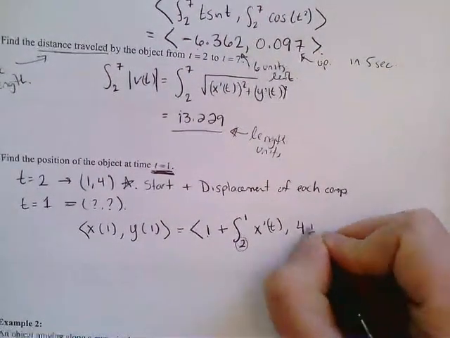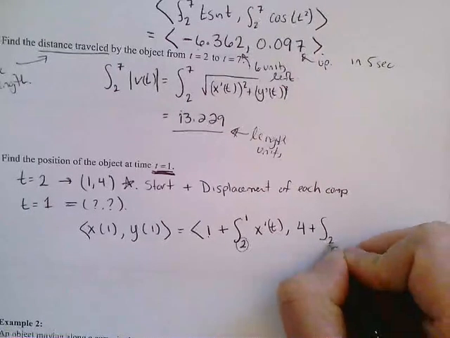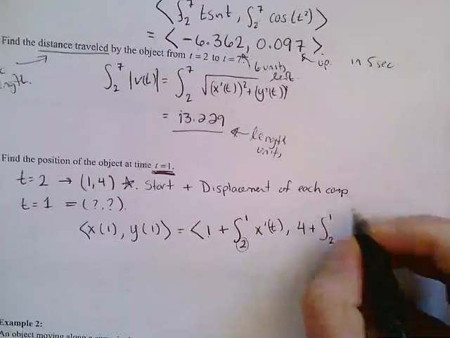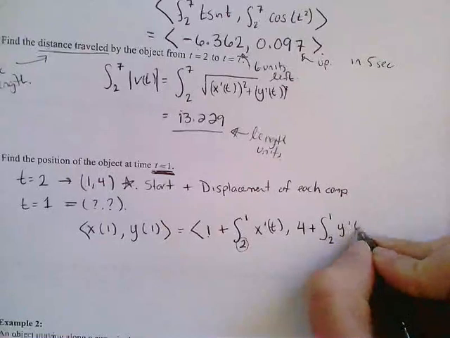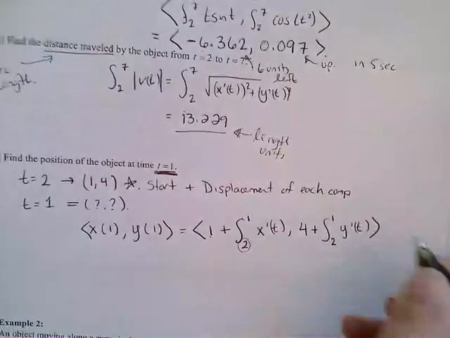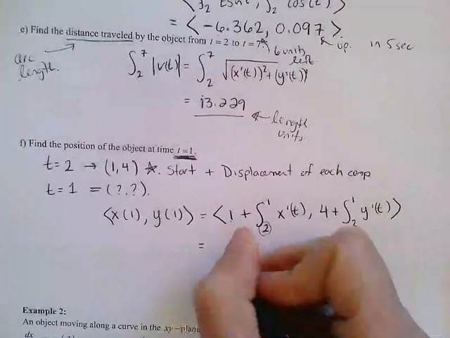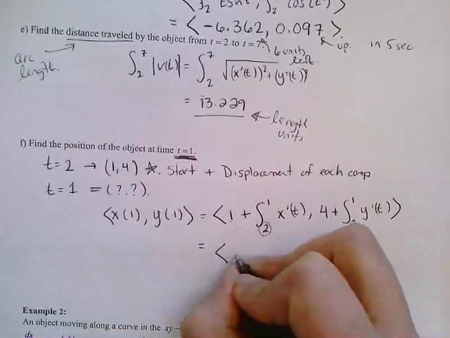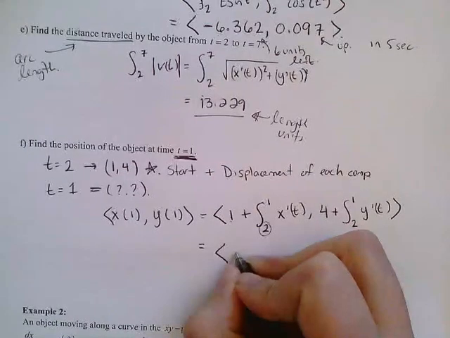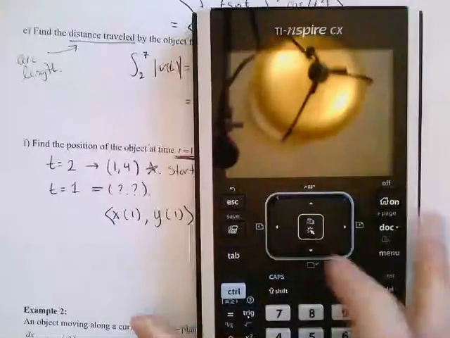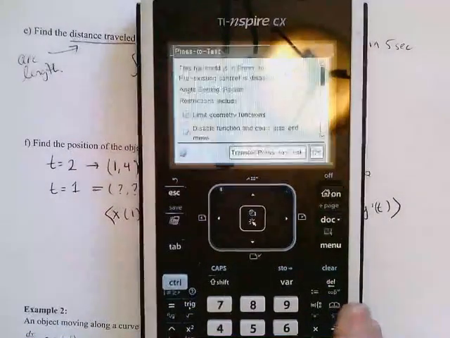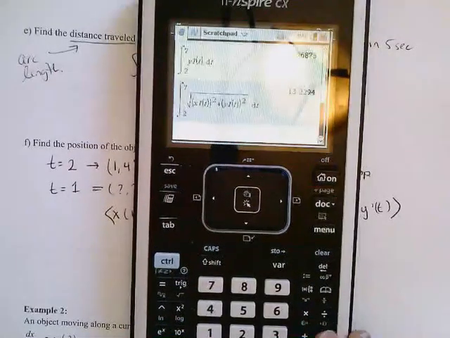So it's going to be 4 plus the integral from 2 to 1 of the velocity of y, or the derivative of y. And again, this is a simple thing that you can do in the calculator as long as you have everything stored.